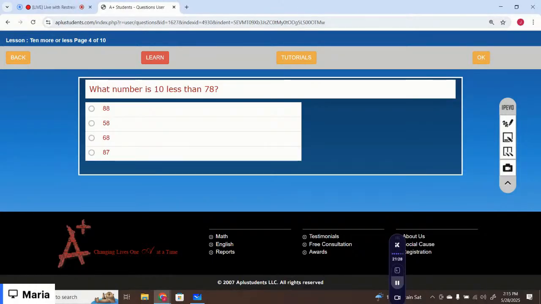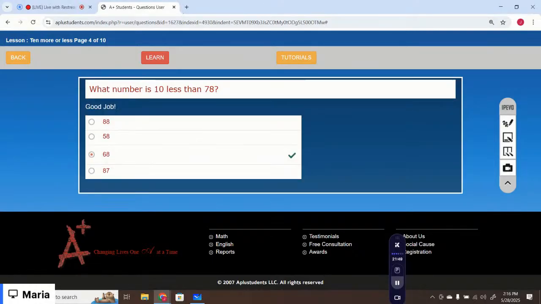Which number is 10 less than 78? So 10 less than 78 is 68. Option number 3 is the correct option. 10 less than 78 is 68.